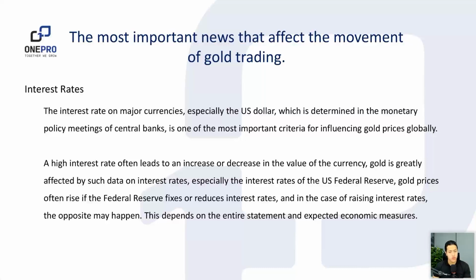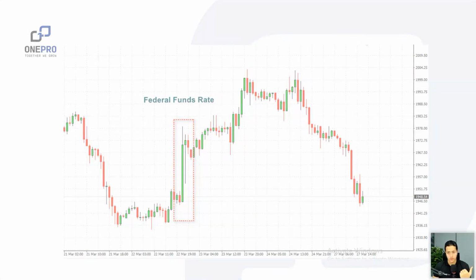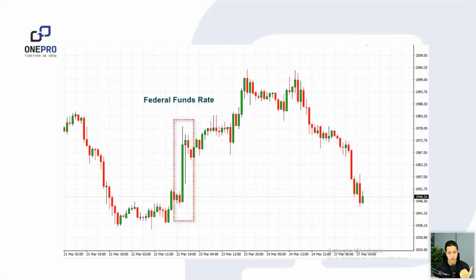So the interest rate on major currencies, especially the US dollar, which is determined in the monetary policy meetings of central banks, is one of the most important criteria for influencing gold prices globally. And you can see this chart, let's say, I'm not sure if now you can see this.